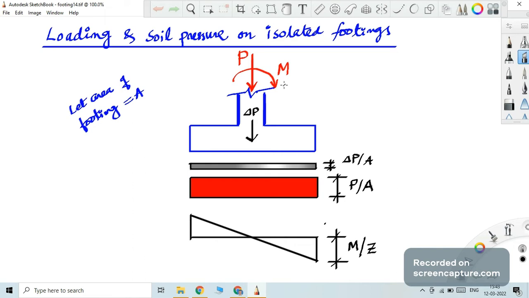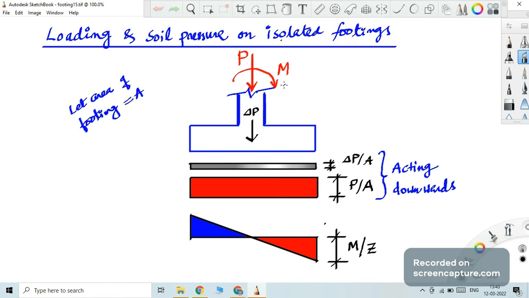Z is the modulus of the section of the footing. If it is B by D, then you know how to calculate BD square by 6. So that is Z. So M by Z is the pressure. This is not uniform. This is linearly varying, M by Z.